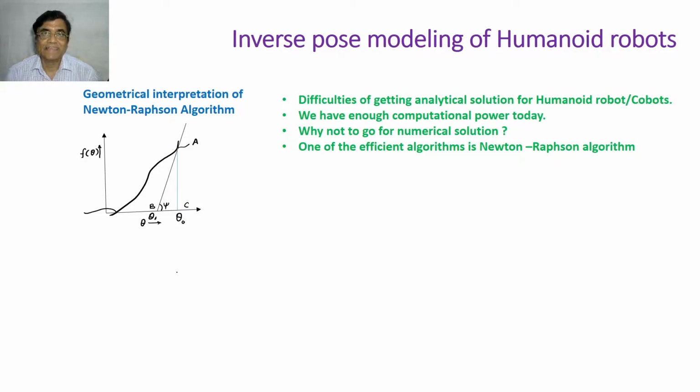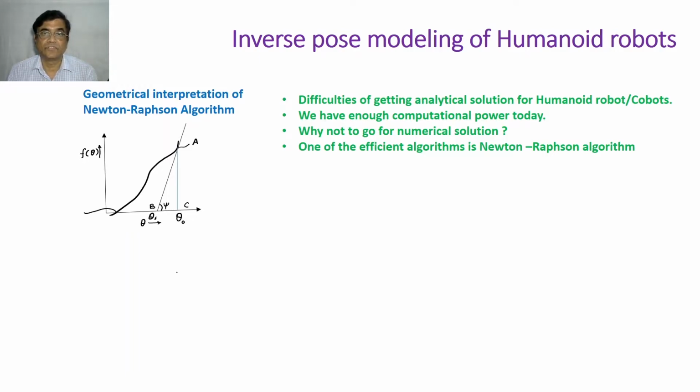So grammatically speaking, unlike industrial robots, almost all of them follow Pieper's recommendation, for example Puma, KUKA, or SCARA, so that they can crank out an analytical inverse kinematic solution in terms of arctan2 functions. But cobots or humanoid robots like Baxter and NAO are designed such that they do not follow Pieper's recommendation.